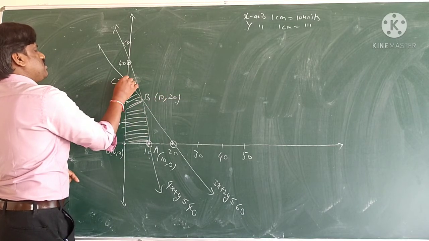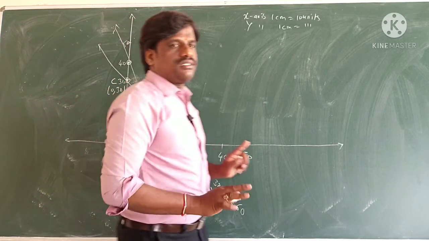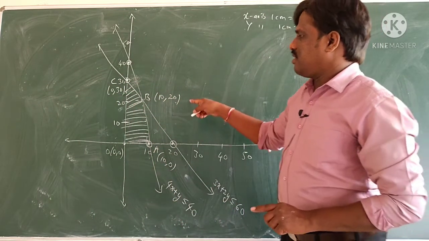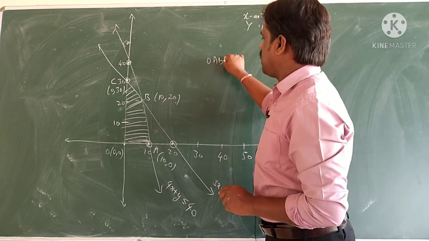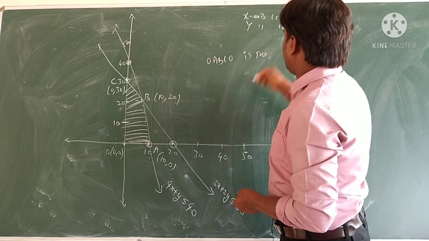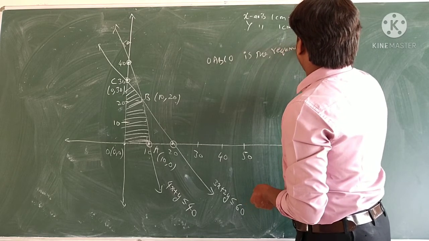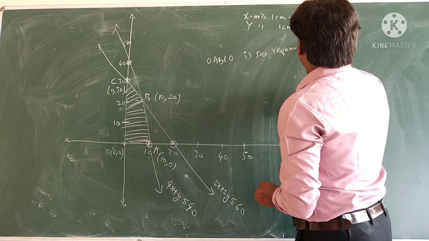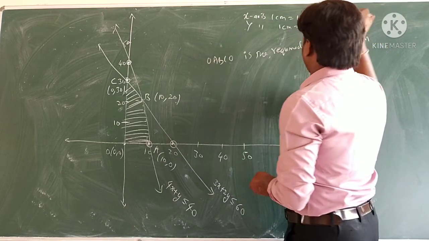C is 0 comma 30. So these are the points you got. You will get it properly on the graph paper. So OABC is the required feasible region.